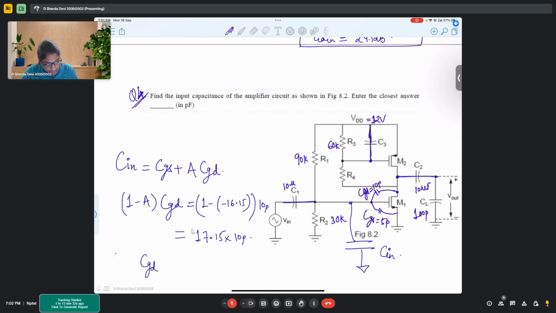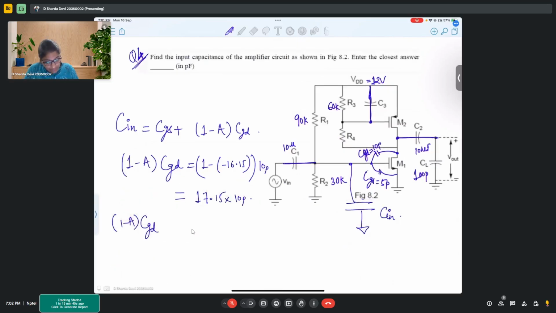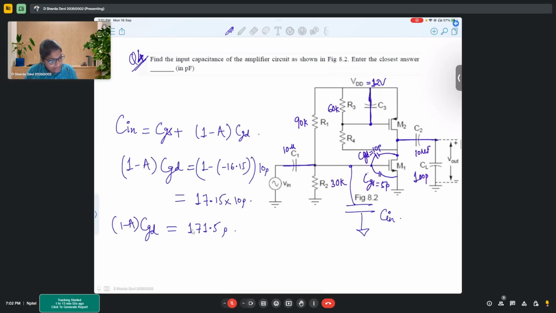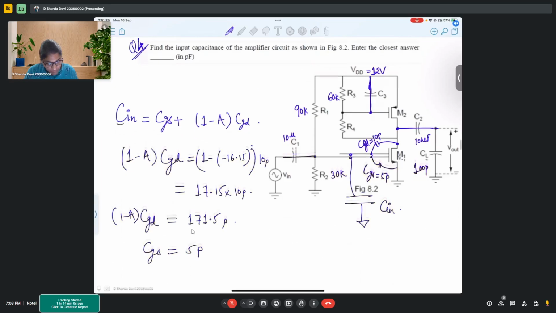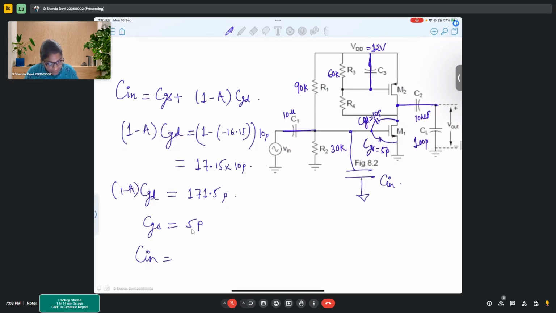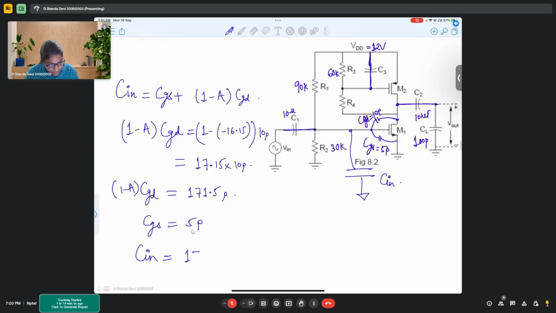So CGD times 1 minus A is 171.5 pico, and CGS is 5 pico. So CN will be 176.5 picofarads.